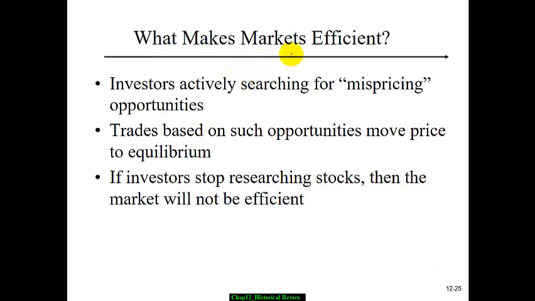So what makes the market so efficient? Investors actively searching for mispricing. Once they spot mispricing opportunities, they act on that, make trades and transactions. This helps the market become efficient, moving prices more into equilibrium.